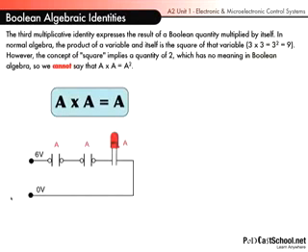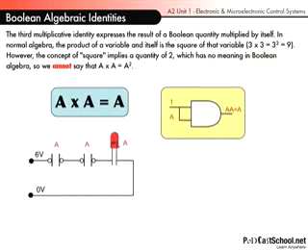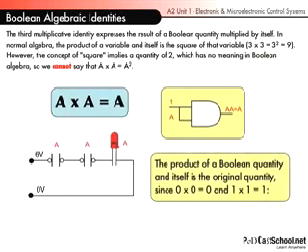So what I do is I always think of the circuit. And again, you can represent that just with an AND gate with its inputs tied together. And I said there that the product of a Boolean quantity and itself is the original quantity, since 0 and 0 equals 0, and 1 and 1 equals 1. So that's our third multiplicative algebraic identity.